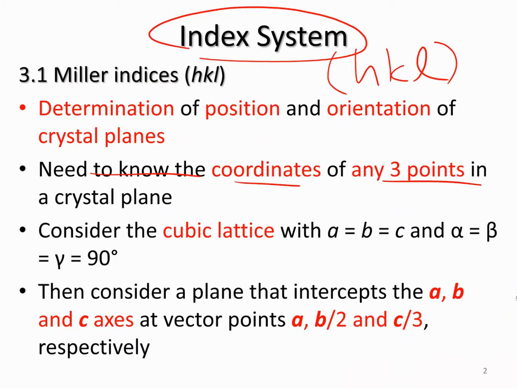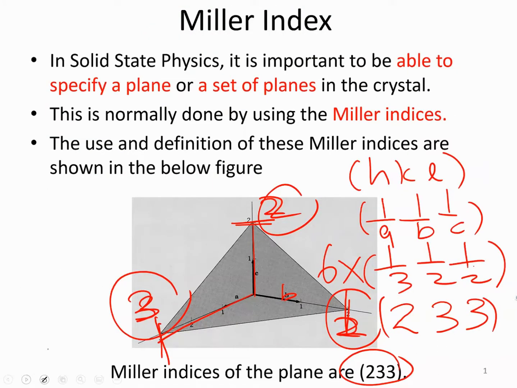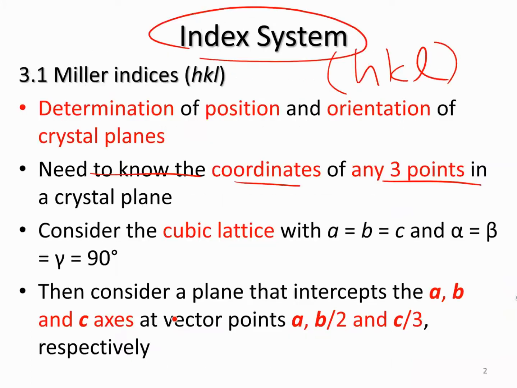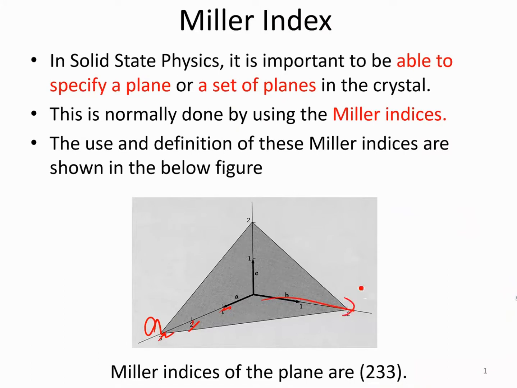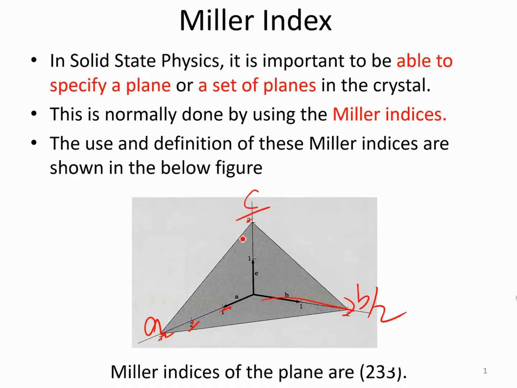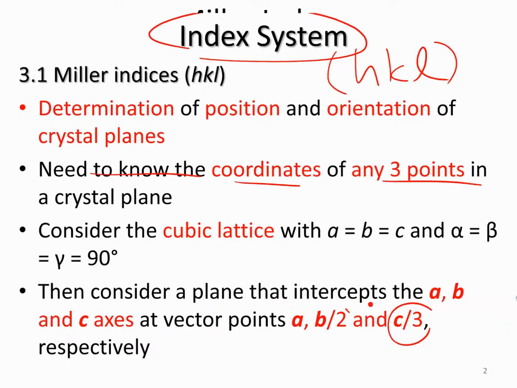Consider the cubic lattice with a equal to b equal to c, and all the angles equal to 90 degrees. Consider a plane that intersects the a, b, c axes at the points a, b over 2, and c over 3 respectively. So this point is a, this point is b over 2, and the other point is c over 3.